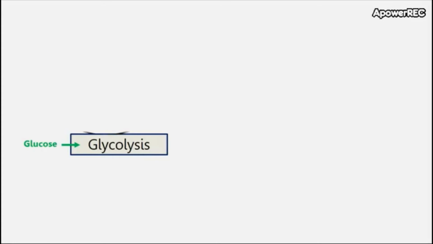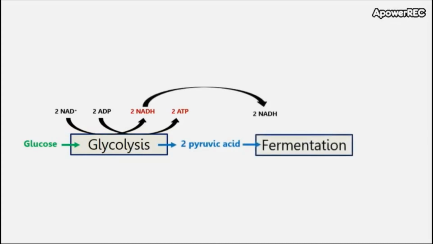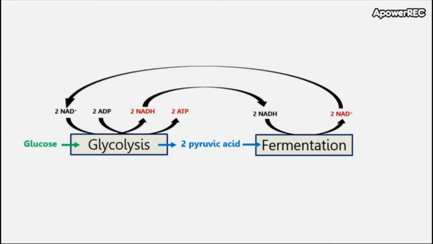And the way this looks is we have glycolysis to produce 2 NADHs and 2 ATPs. And we have 2 pyruvic acids. In fermentation, we take the pyruvic acids and our NADHs, and we donate them to organic compounds to regenerate our NAD plus and continue doing more glycolysis. This often leads to the production of 2 CO2s and 2 ethanols.